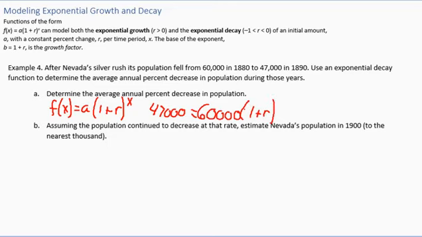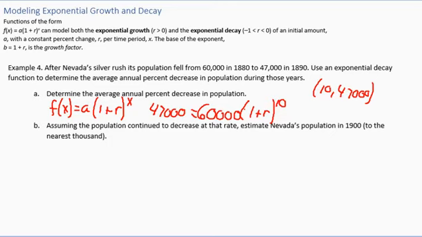We're trying to find the percent decrease, to the x power. Well, our x is 10, so after 10 years, in 1890, there's 47,000 people. And that's why I'm plugging 10 in for x and 47,000 in for the y value, or the f of x value.